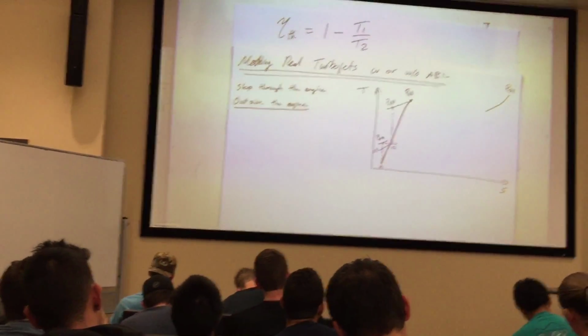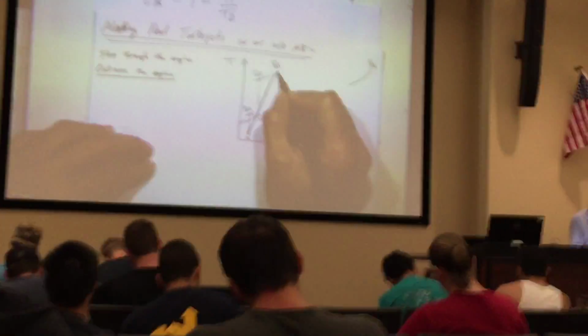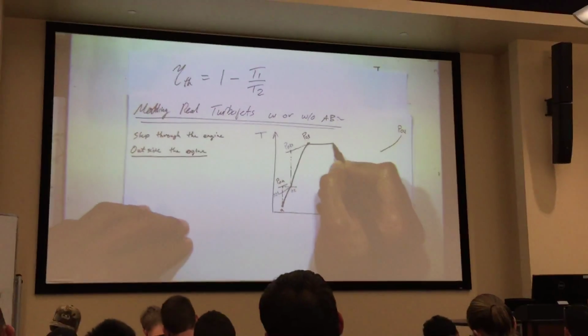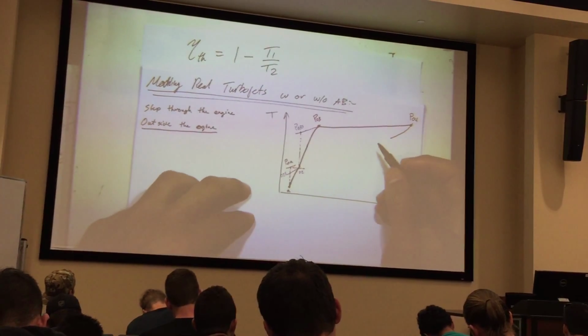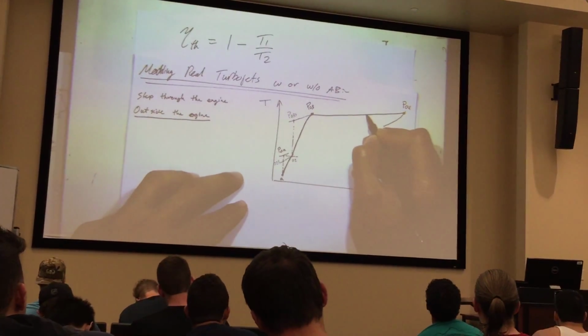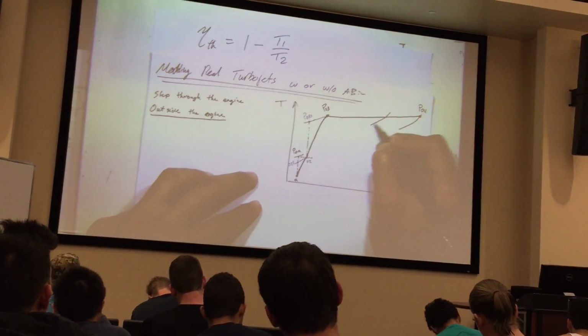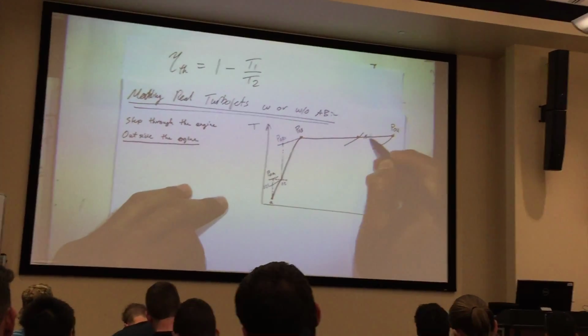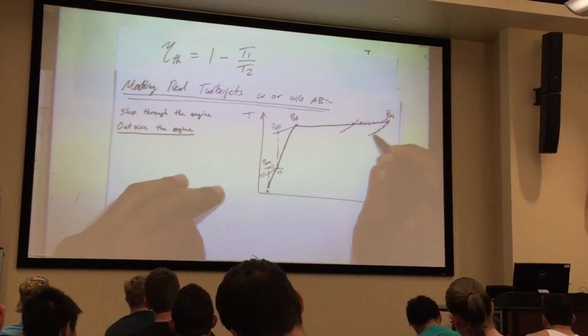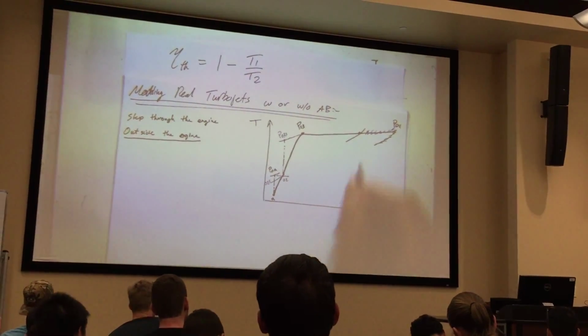We already did this for ramjets. And through the combustor, I have nominally constant pressure combustion, but something like this. Actually, let me do it here, sorry. Let me do PO4 here. PO4.